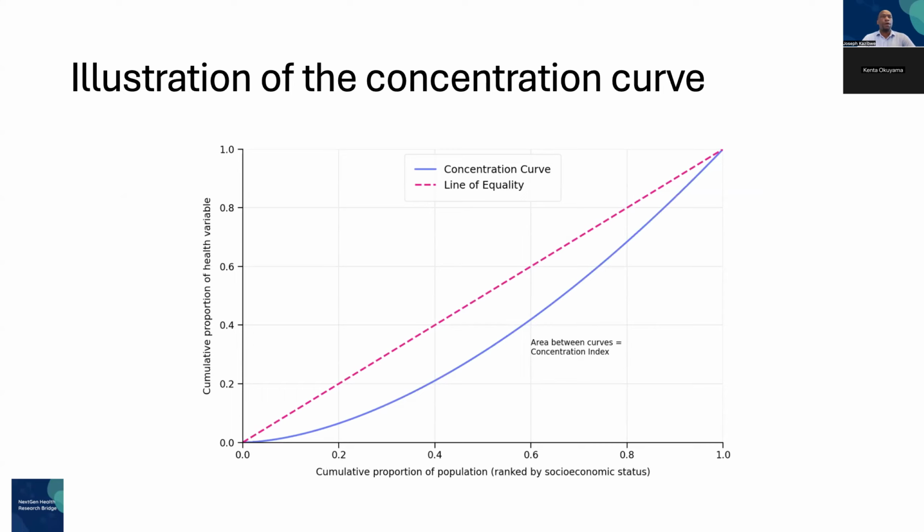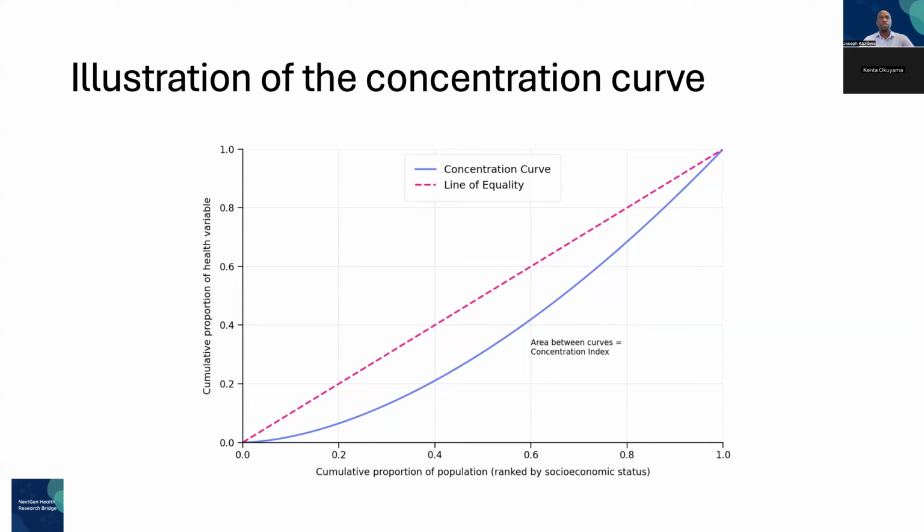We can see in this diagram that we have a pink line, which is at 45 degrees from zero, or from the intersection of the X and Y axes. This is the line of equality, whereby there is no inequality within a given group.